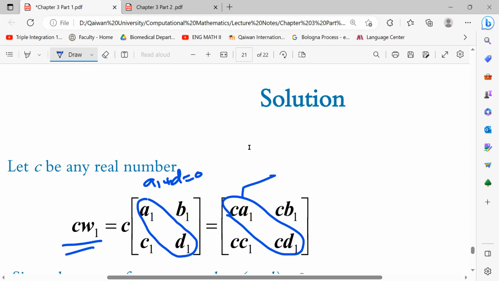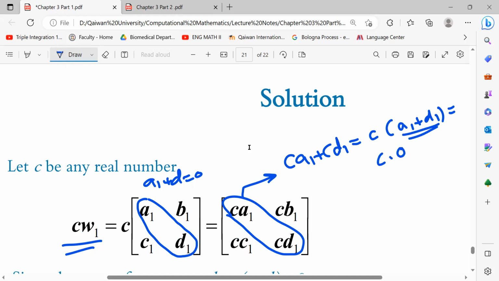And if the sum of these two is CA1 plus CD1, taking C as the common factor, we get C times (A1 plus D1), which is C times 0, so it is 0. It is in the form of the matrices in W.